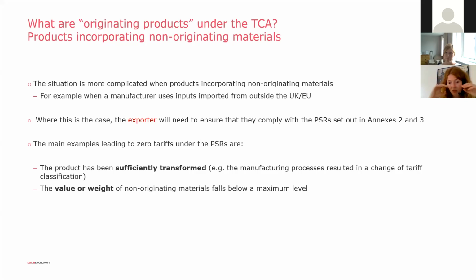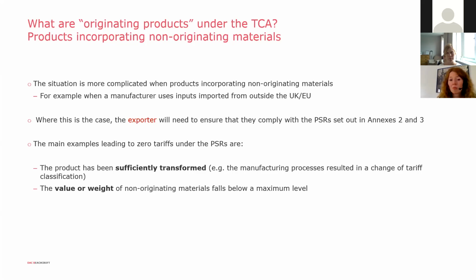So you don't have to look into the rules of origin again once an input has been classified as coming through these rules for products incorporating non-originating material. So importantly, what are the circumstances where products incorporating non-originating materials might still qualify as originating?